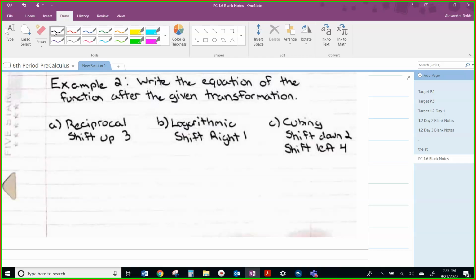I want to first write f of x equals 1 over x. That is our reciprocal parent function. And then I'm shifting it up 3. Up and down is outside of our function, and up would be plus 3.